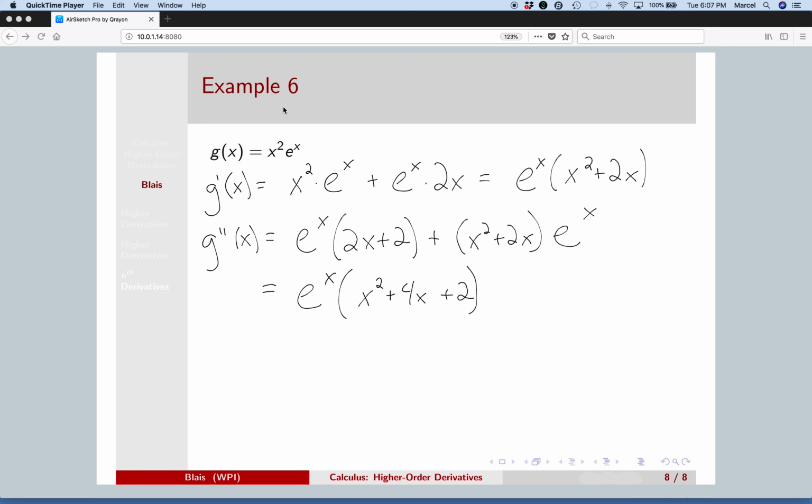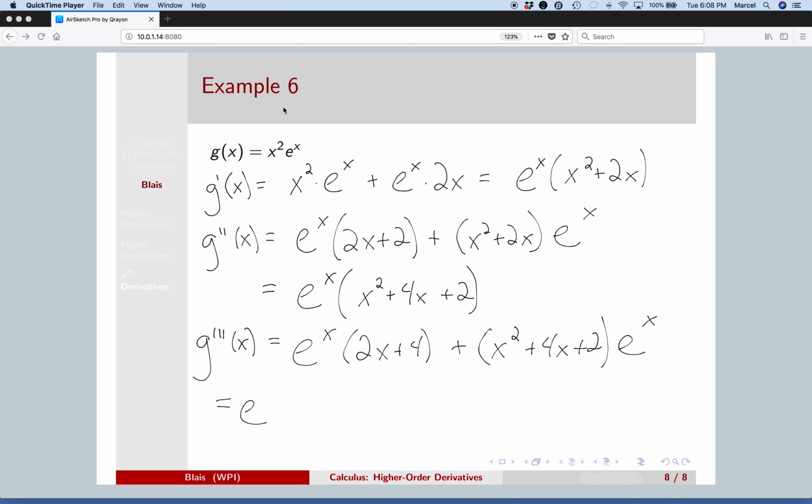Let's do another one. Third derivative of g. Again, product rule on the second derivative. First times the derivative of the second, 2x plus 4. Plus the second, x squared plus 4x plus 2 times the derivative of the first, which is e to the x. Factoring.